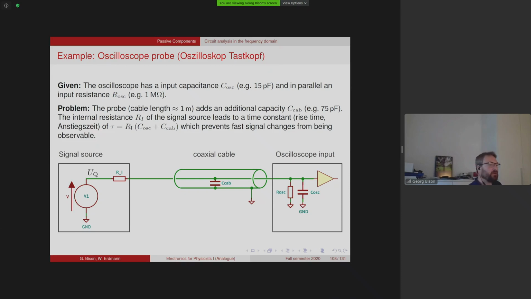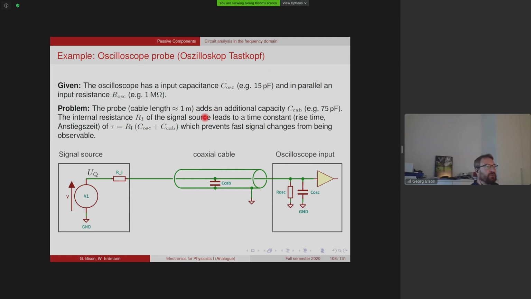Okay, let me show you one more thing, and this is important for the exercises. Let's take an example where we have a signal source with an internal resistance, and then we go through a long cable which has a capacitance to the oscilloscope input, a similar situation to what we have looked at already today.